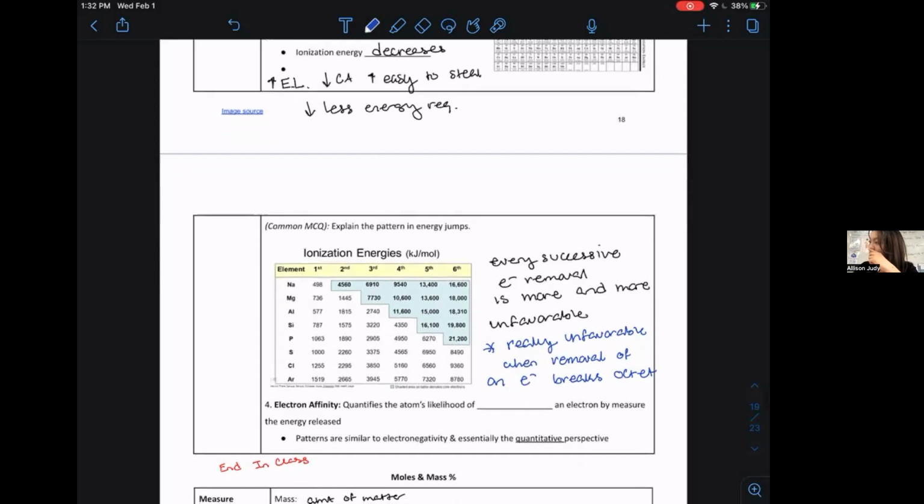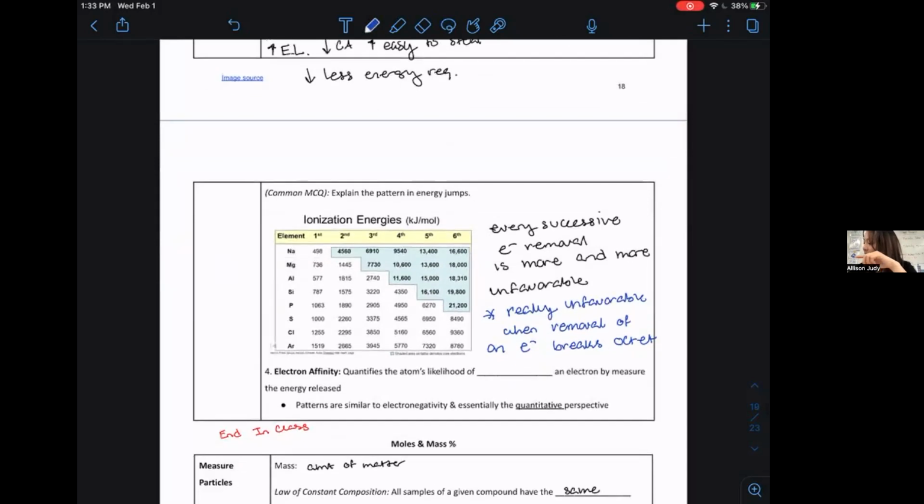So it's unfavorable to remove one from an octet, to unfill it, since atoms are happy with those numbers.